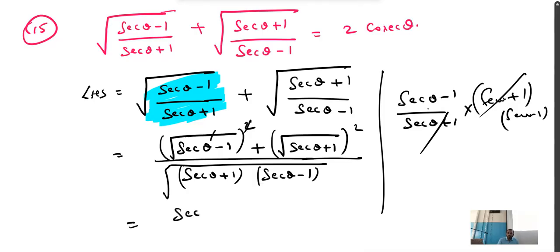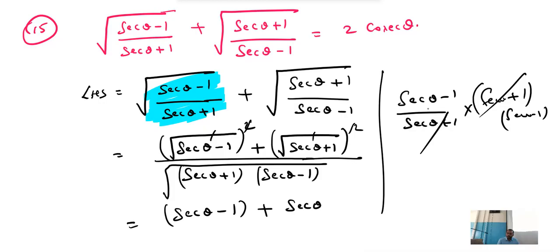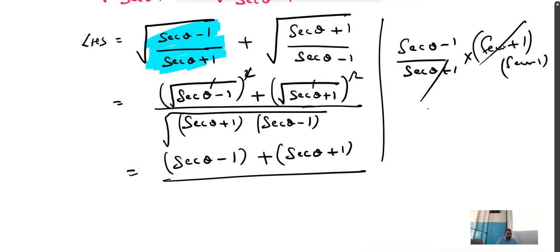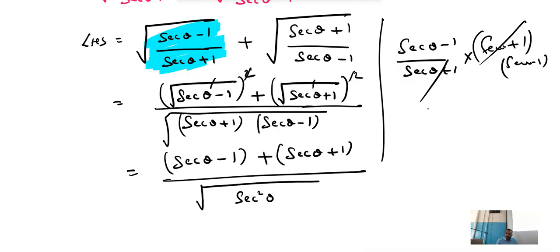Left out is secant theta minus 1, plus square root get cancel. Left out is secant theta plus 1 divided by under root a plus b into a minus b. A plus b into a minus b, A square minus b square.